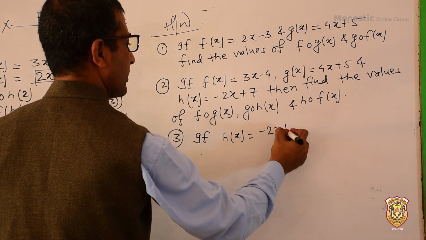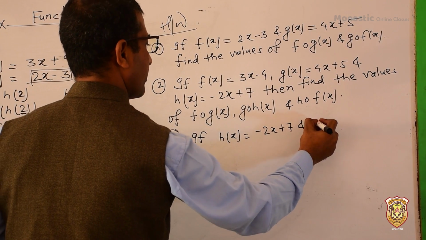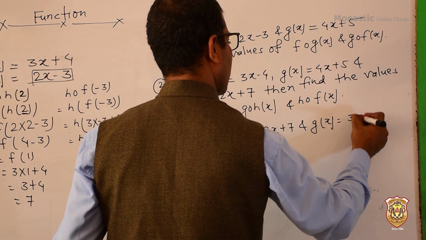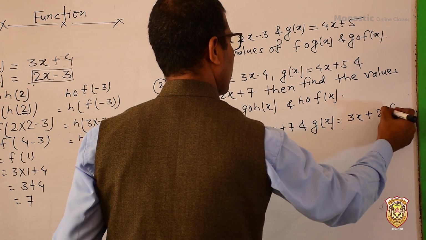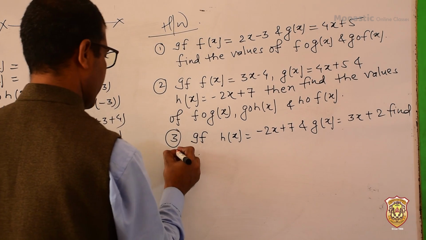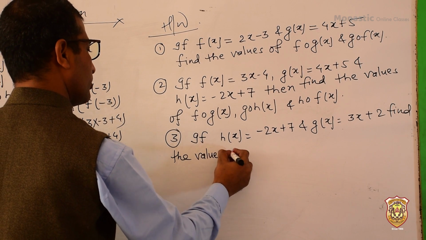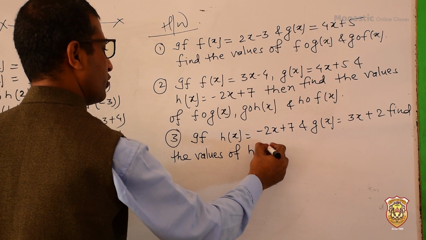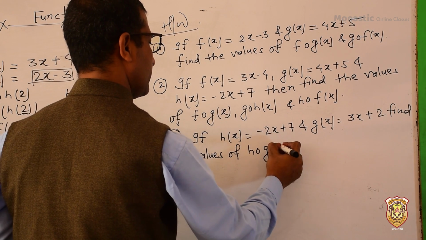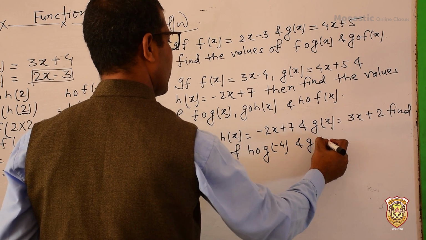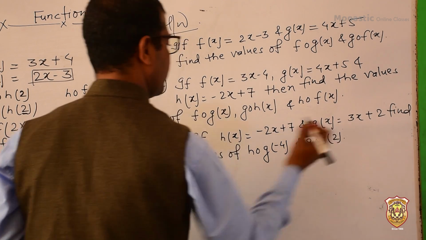Minus 2x plus 7. Find the values of h circle g of minus 4 and g circle h of 2.